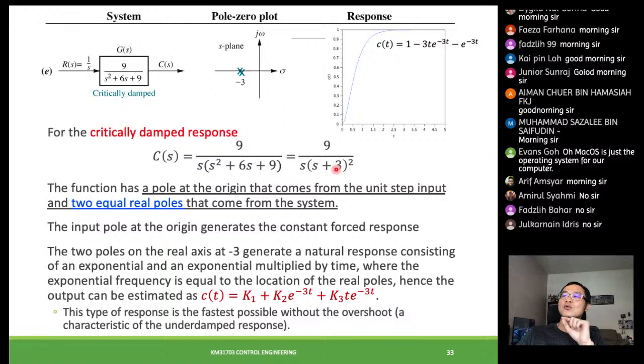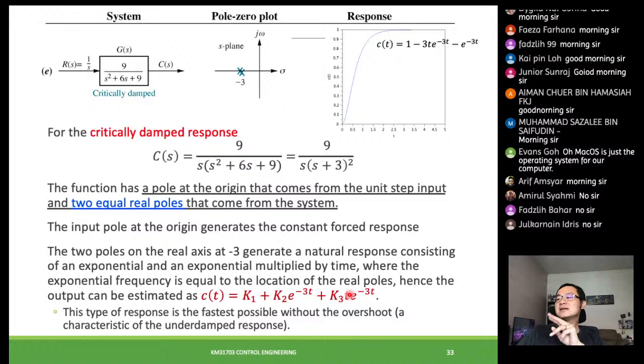So meaning to say, if the solutions for our denominator at the bottom are real equal poles, then you will get a critically damped response, right? So this is a critically damped response, and the value will be e to the minus 3t plus K3, you need to add a t over here since you repeat 2 times, remember?